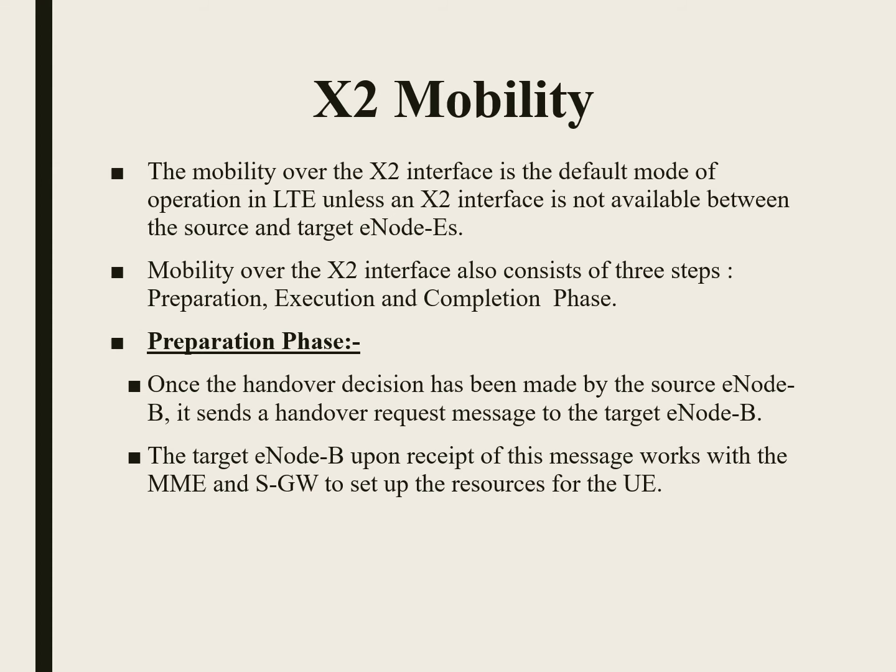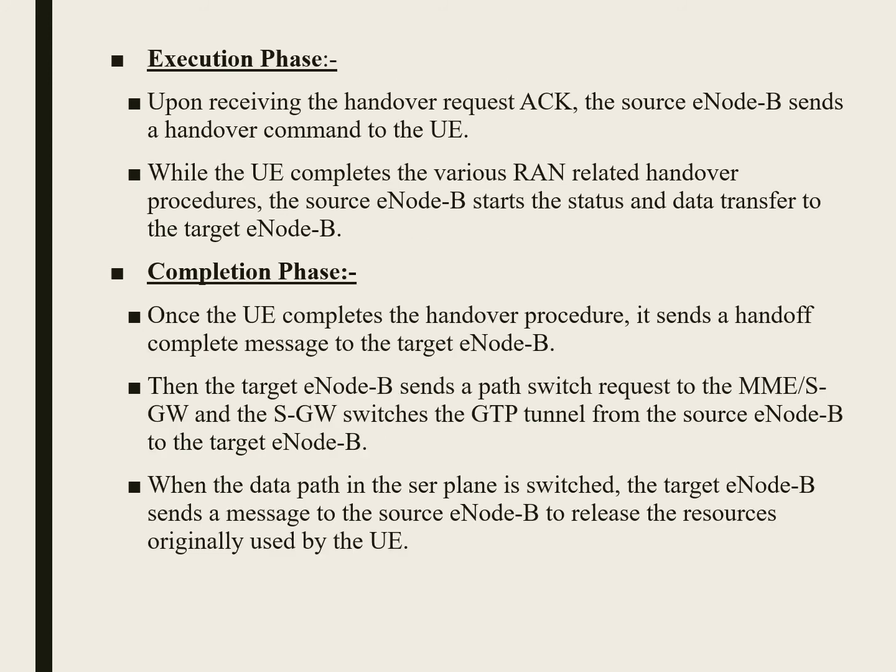In the preparation phase, once the decision is taken to hand over by the source eNode, it sends the handover request message to the target eNode. The target eNode, upon receipt of this message, works with the MME and the service gateway to set up the resources for the user equipment.